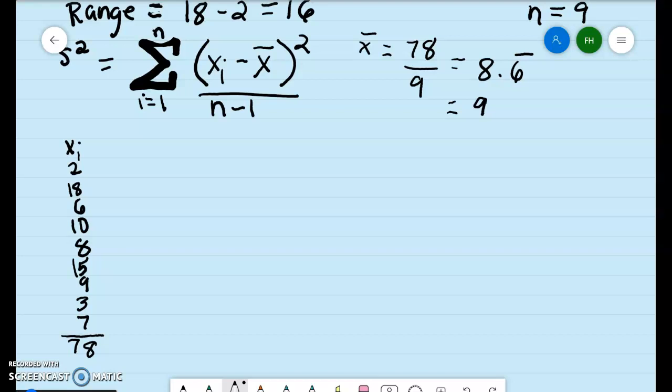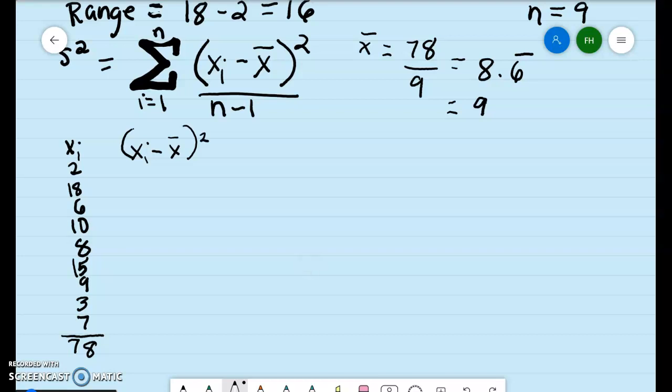So what we're going to do here is take our data values and subtract 9 from it and square it. So we're going to do your xi minus x bar, and we're going to square it.